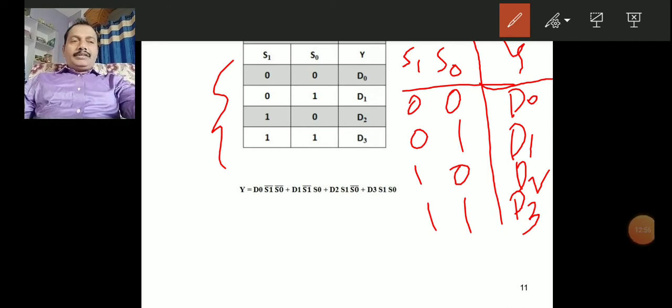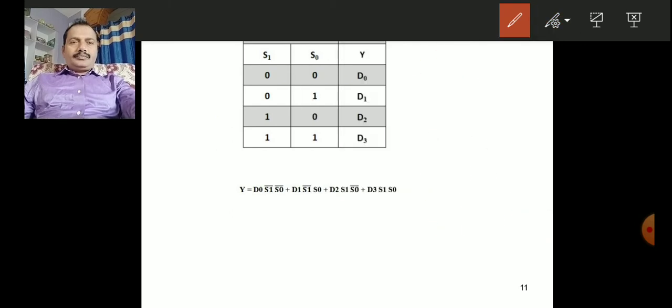You have to write the SOP expression for the output. That is only one output, so one SOP you will get. So the SOP expression is Y equals to, observe here.